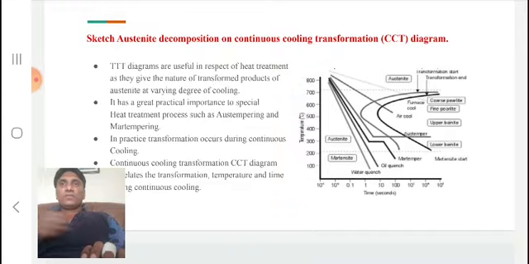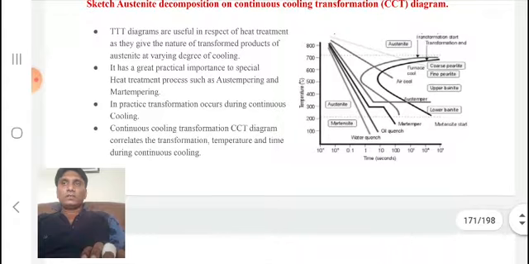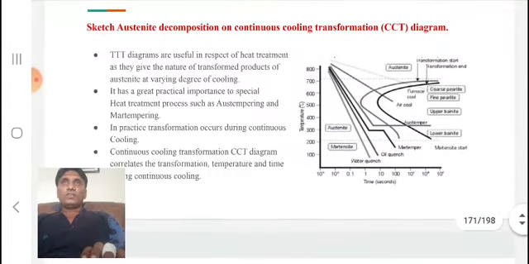In practice, transformation occurs during continuous cooling. The continuous cooling transformation diagram relates the transformation temperature and the time during continuous cooling.